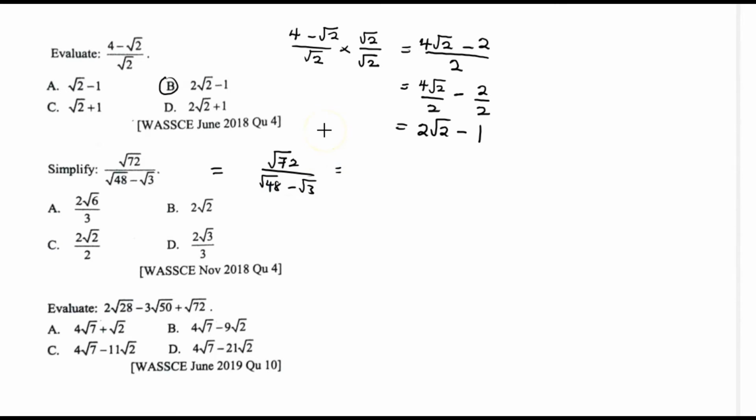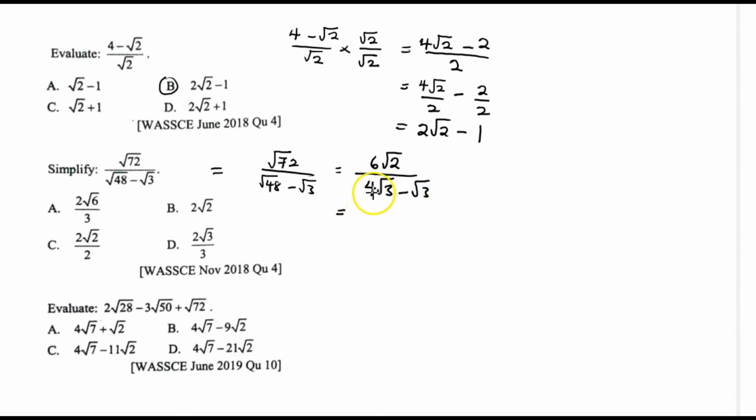When we simplify root of 72, we obtain 6 root 2, all divided by root of 48, which also gives us 4 root 3. Then we have minus root of 3.